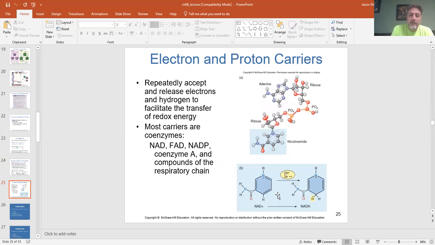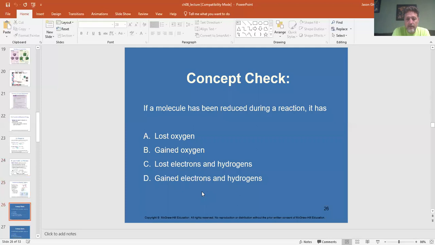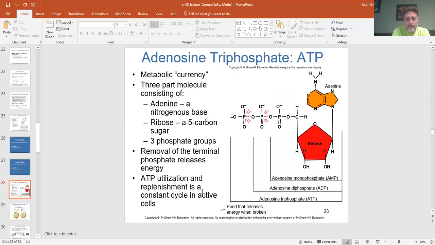Now, for all this energy that we're trying to get from molecules, we need a way of transferring it around. The main ones that we're going to talk about are NAD and FAD. In this course, you can get a little more technical into the NADP and the coenzymes, but we're going to focus on NAD and FAD. This top one here is NAD, and then we have another one right here, adenosine triphosphate, or ATP.